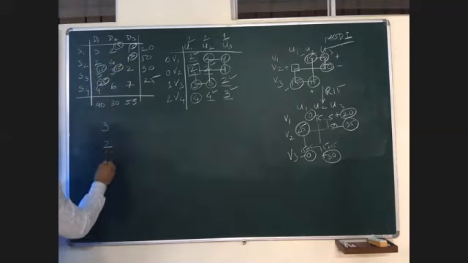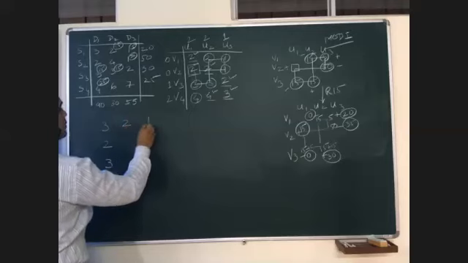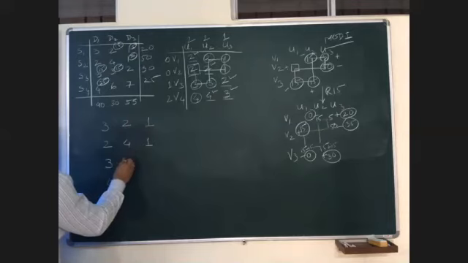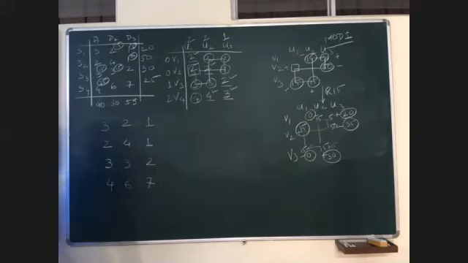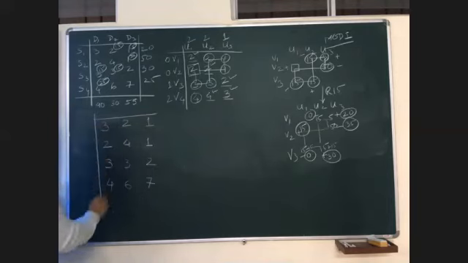For better understanding, I'll rewrite the matrix. 2, 1, 4, 1, 3, 2, 6, 7. The more problems you solve, the more you will remember the steps. Right? Same cost matrix I have written.